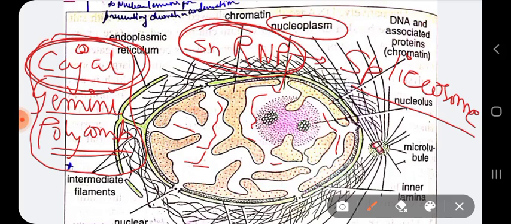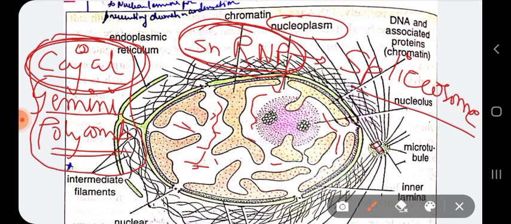So, vast functions are performed by the Cajal bodies, which are the small bodies found within the nucleoplasm of proliferative cells, like tumor cells, embryonic cells, and metabolically active cells like neurons. Then, within the nucleoplasm, we also find Gemini bodies.